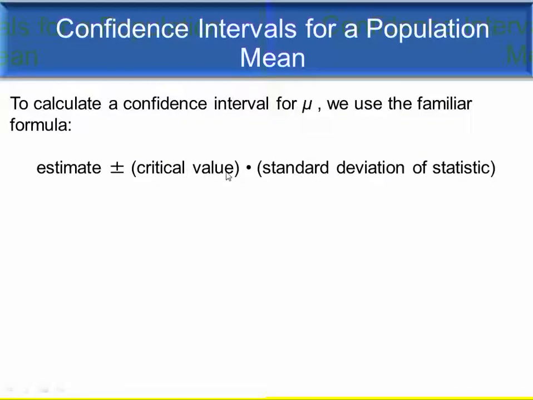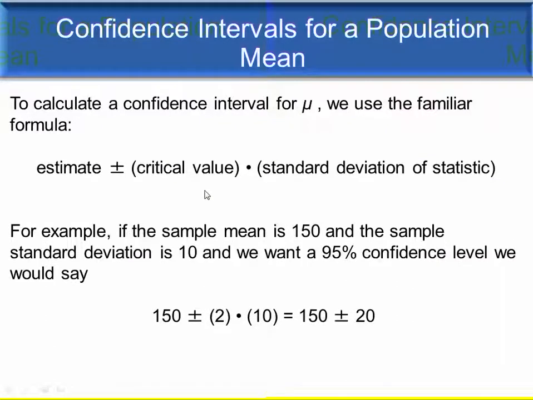But the critical value isn't always going to be a very simple number like 1, 2, or 3 that we've been using so far. So how are we going to find that? As an actual example of what we've been doing with the 95% confidence level, if we had a sample mean of 150 and a sample standard deviation that we calculated of 10, and we want a 95% confidence level, our estimate would be that the population mean is the sample mean plus or minus 2 times the standard deviation of 10, which is 150 plus or minus 20.